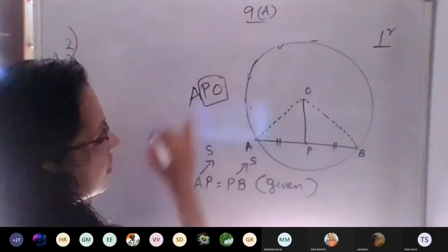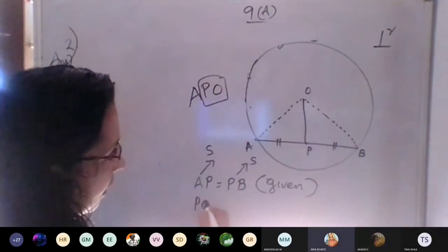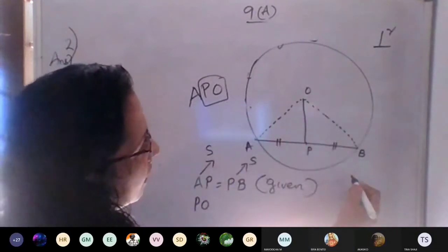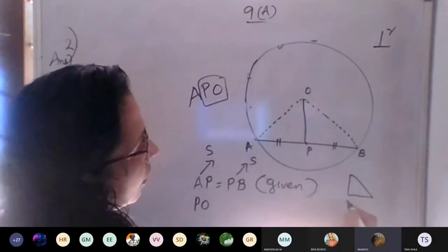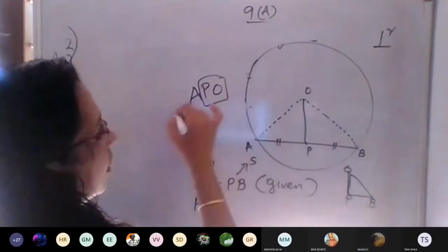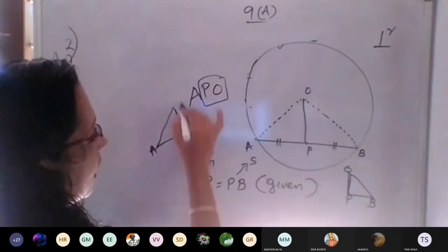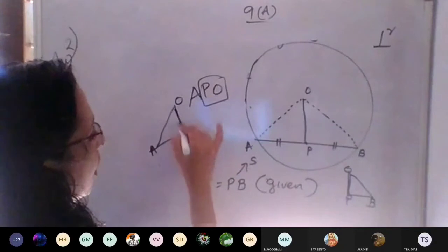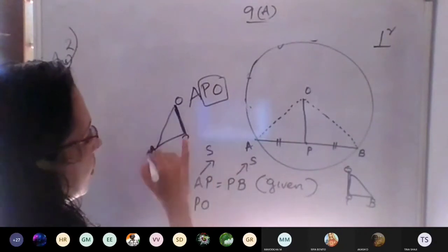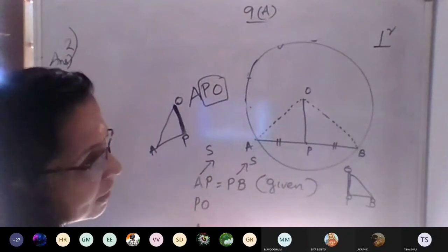In APO, PO is coming. PO is the side of one triangle. If we are considering another triangle, PO is the side of that triangle also. First listen properly. If we are considering triangle APO, OP is coming.